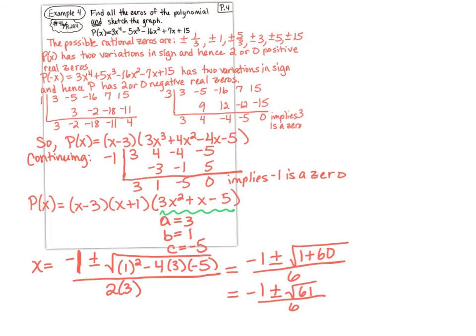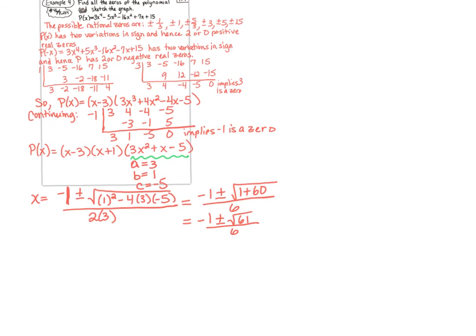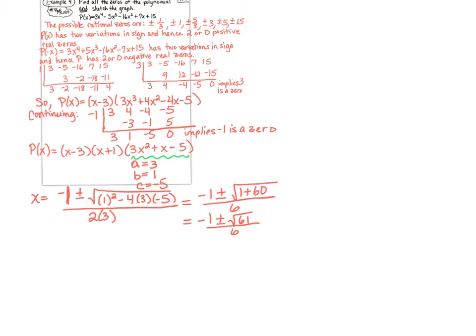So we can say the zeros are -1, 3, and we'll have -1 plus or minus the square root of 61 all over 6.